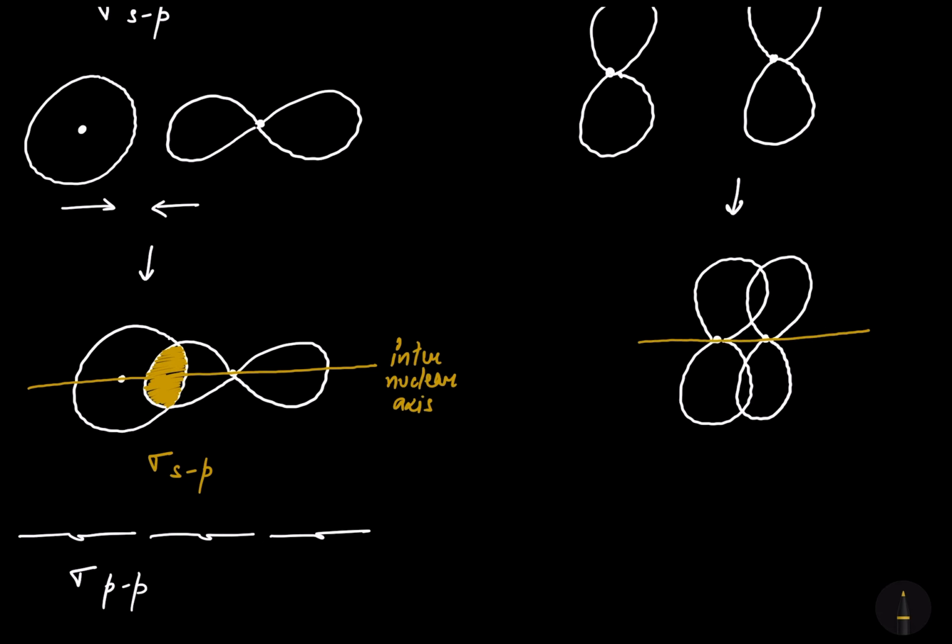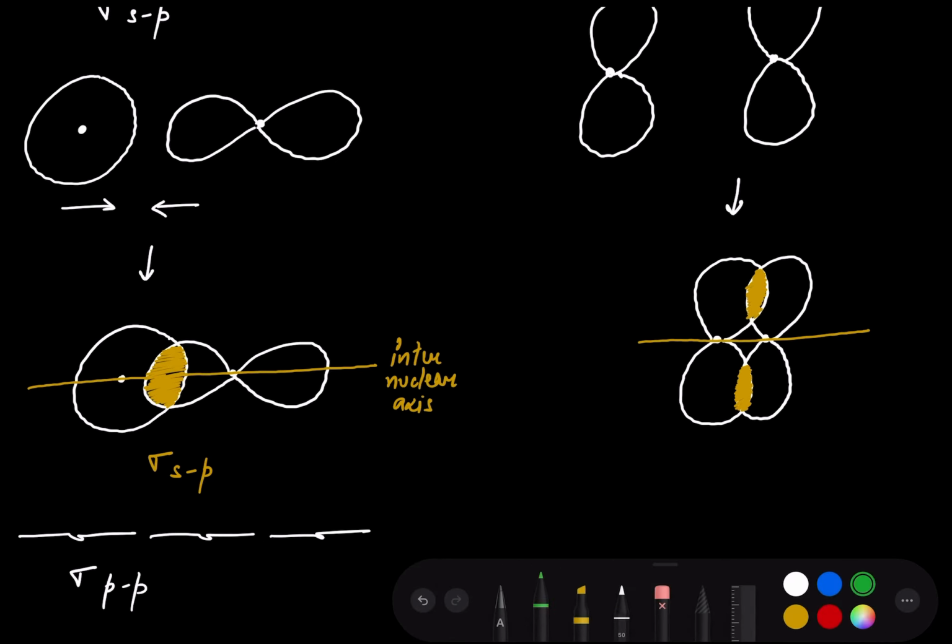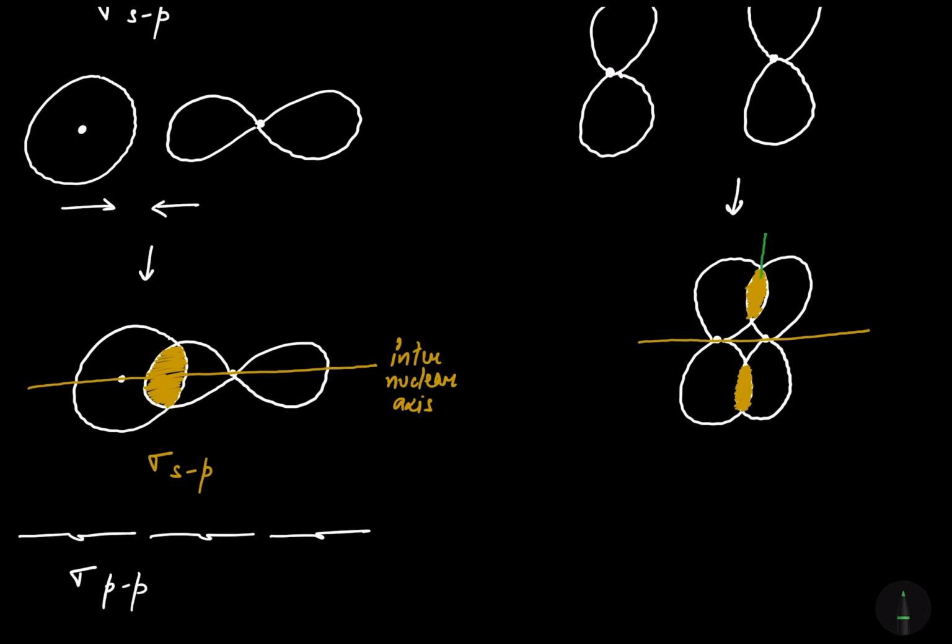Now, let's talk about the overlapped region. This is the overlapped region for the p orbitals for the sidewise overlapping. Here you can easily observe that the overlapped region is perpendicular to the internuclear axis.